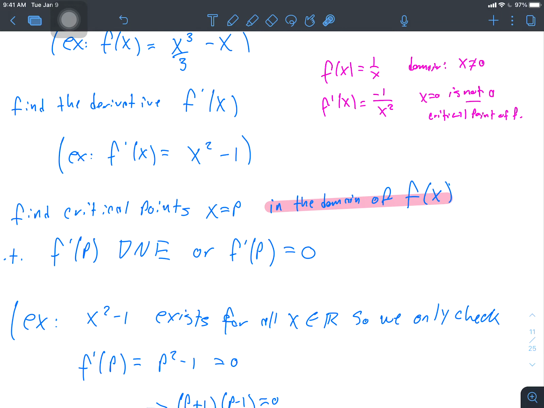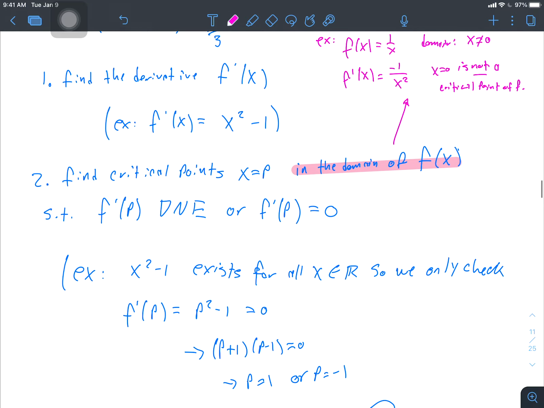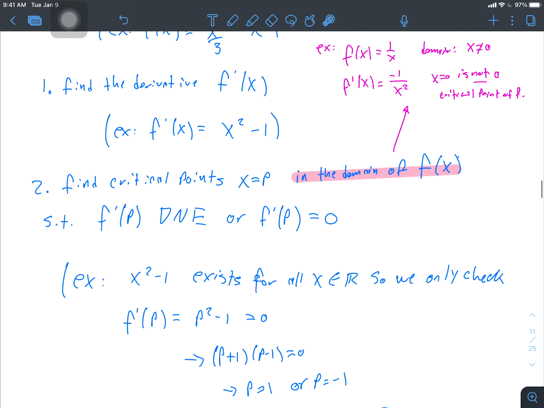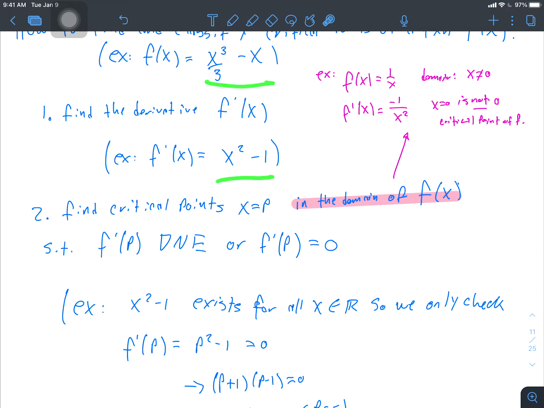Once I have these critical points, let's just do it really quickly for our function. Our function was x cubed over 3 minus x. I took its derivative and I said, well, x squared minus 1 exists for all x which are real numbers. Since my original function was a polynomial, I don't need to worry about f prime not existing.